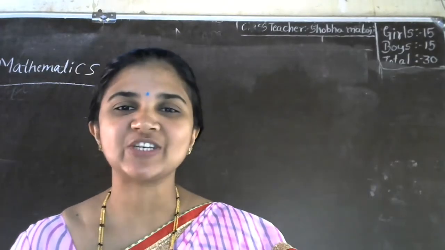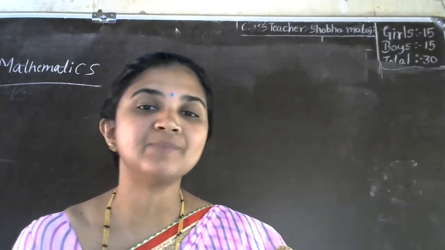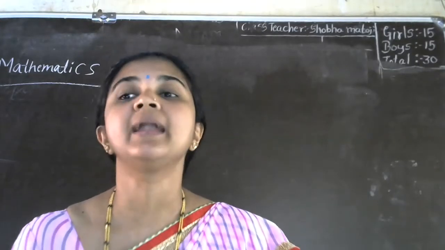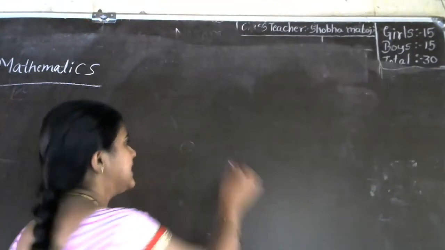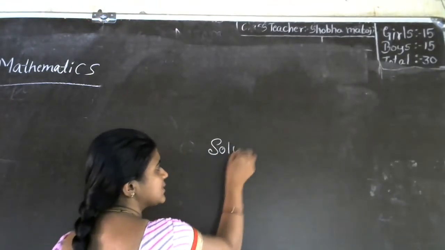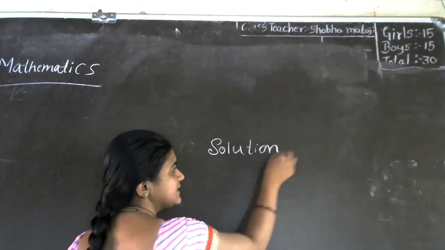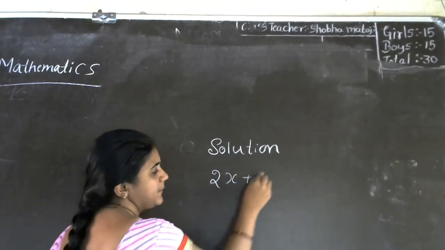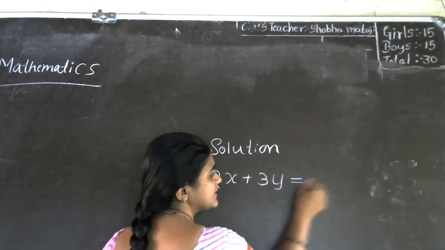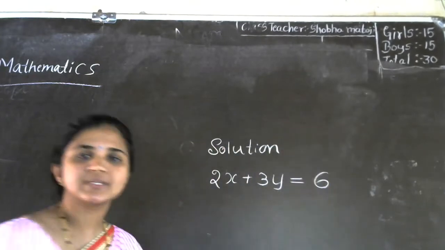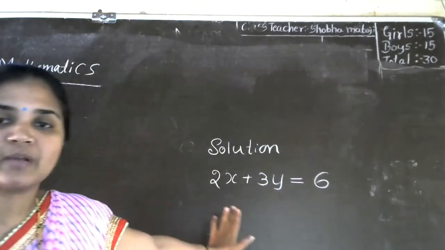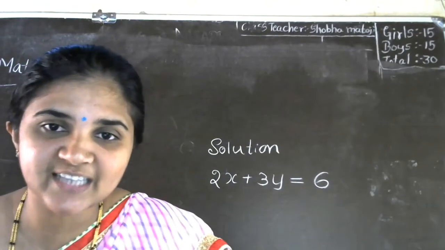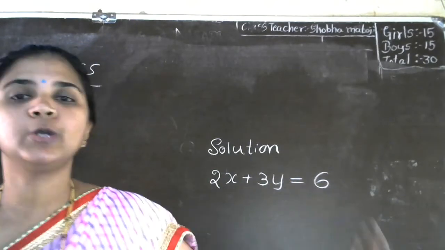Now, for a linear equation in two variables, let us take the word solution. I'll take the first example, 2x + 3y = 6, which is an example of a linear equation in two variables.